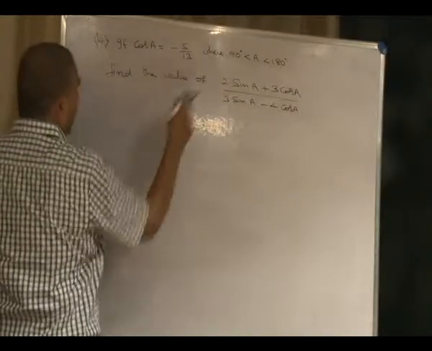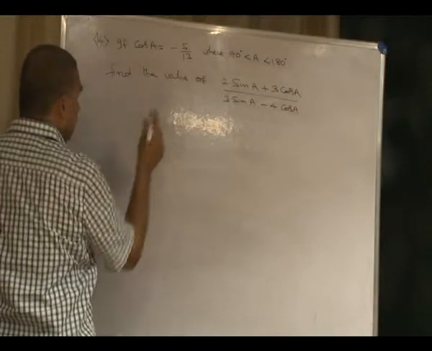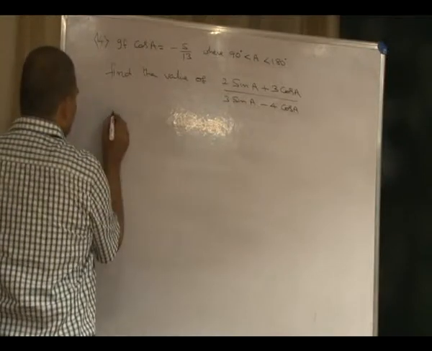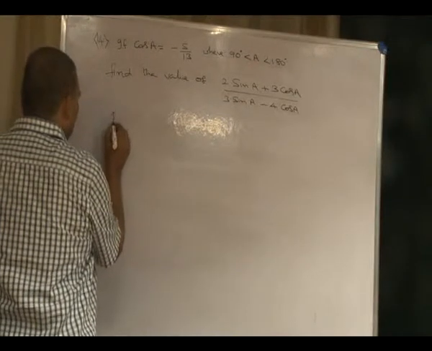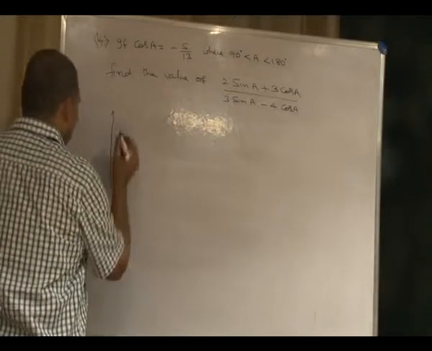Here, angle A is in the second quadrant. In the second quadrant, sin and cosecant are positive.